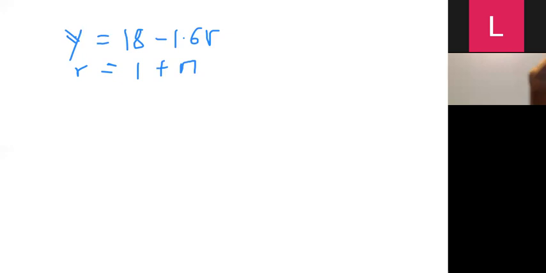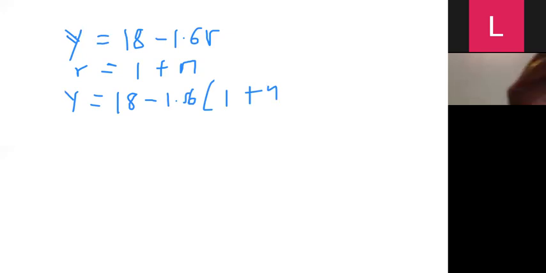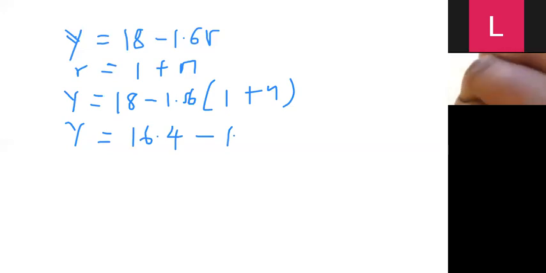So I can replace this into this and have Y equals 18 minus 1.6 into brackets 1 plus inflation, and that gives me Y equals 18 minus 1.6, which is 16.4, minus 1.6 inflation. Great. So this is what we call the AD curve. So we were asked to find the AD curve.